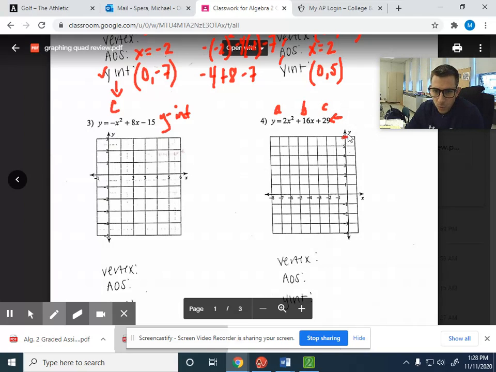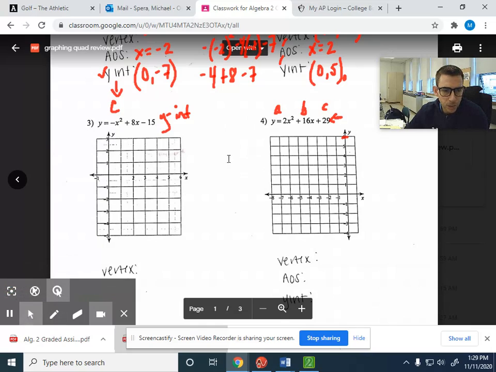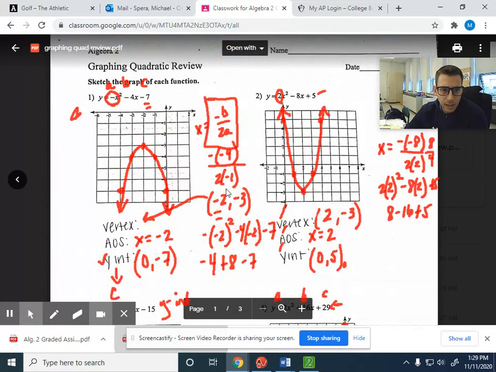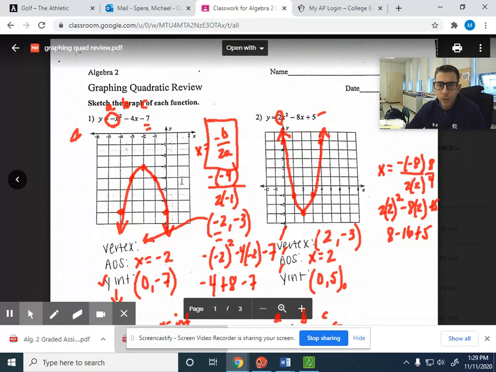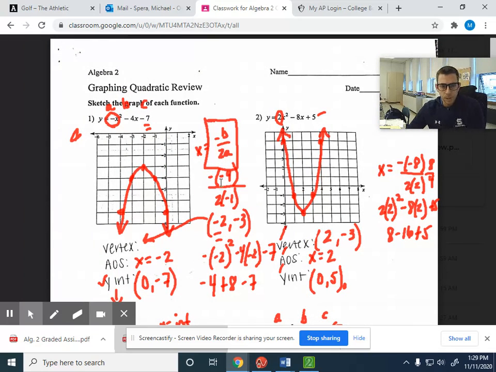It wouldn't make sense for us. Look, the highest point on the y-axis here is 6. We're not going all the way up here and graphing 29. Same thing over here. We're not going all the way down here and graphing -15. It wouldn't be realistic for us to even mark those points. So if it's a smaller number, and it's something that's on your scale, you can go ahead and do that.